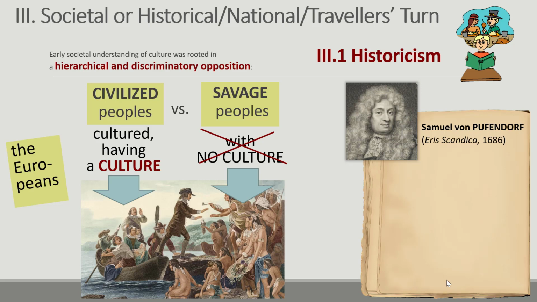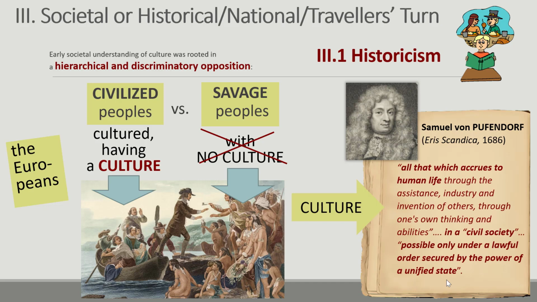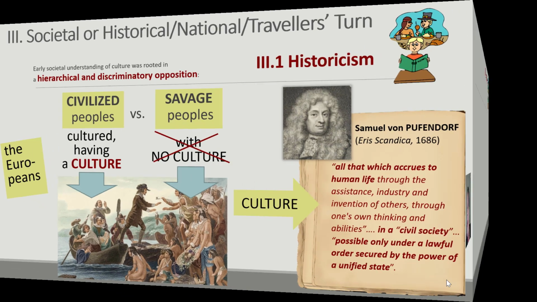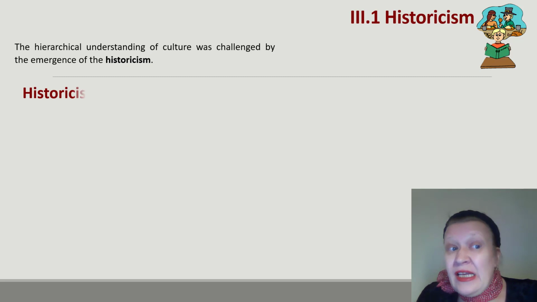Pufendorf defines culture as all that which occurs to human life in a civil society, possible only under a lawful order secured by the power of a unified state. This hierarchical understanding of culture was challenged by the emergence of historicism.